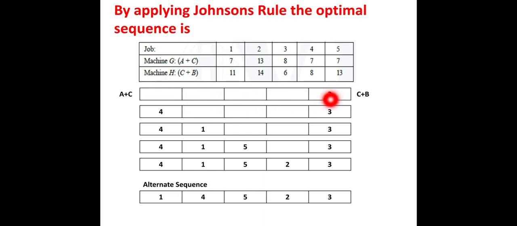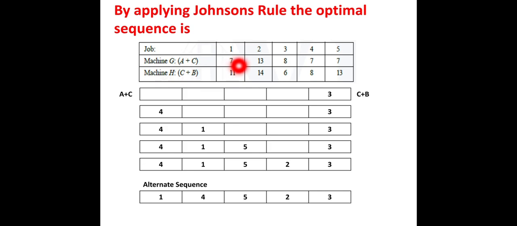That is, job 3 is sequenced here. The next minimum is 7. Here there is a tie between job 1, job 4 and job 5. All 3 jobs have a processing time of 7 in machine G.